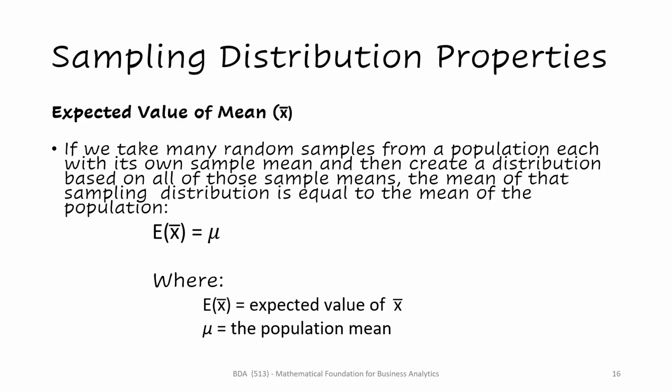Let's say we have a population of 100 people, and then we take 10 samples. Each of the samples has its own sample mean. Now, we can take a sample of 20 people, and each sample will have its own sample mean.